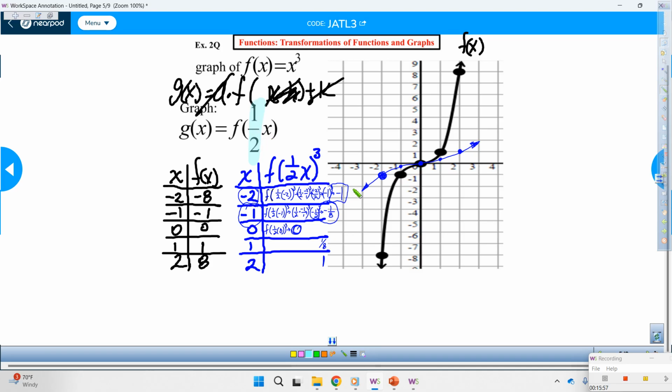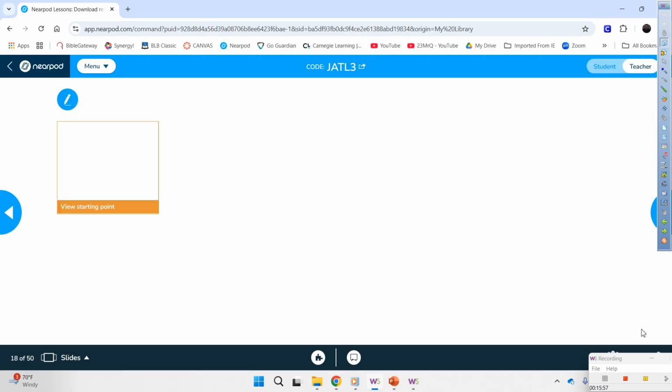Talk to the neighbor, what's going to happen to the original function when we have a multiplier in fraction form? All right. Now, before you give me an answer, on your notes, write the new, actually, hold on. Send me your notes really quick. I want to see your graph.